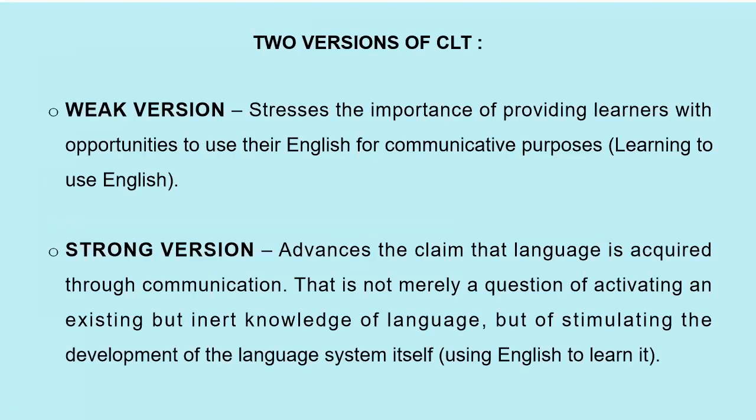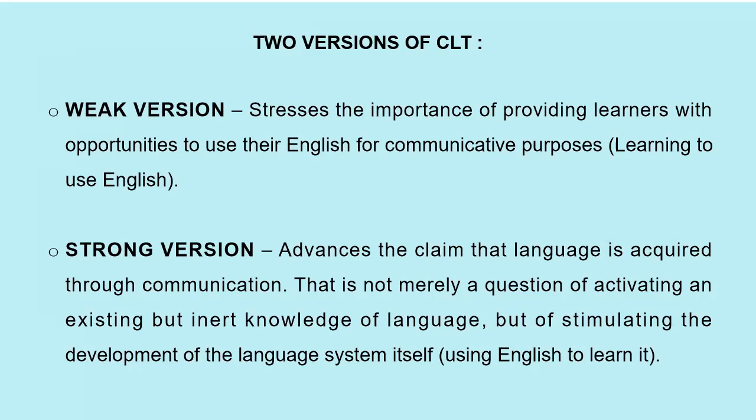So let's go to the two versions of communicative language teaching. Number one, we have the weak version. The weak version stresses the importance of providing learners with opportunities to use their English for communicative purposes. So basically, this is learning to use the language, English. Let's move on to the strong version.